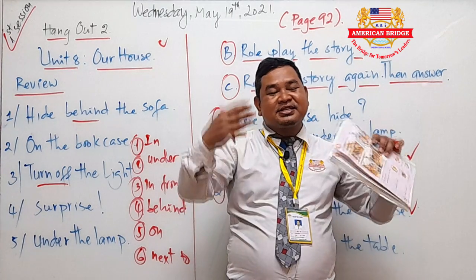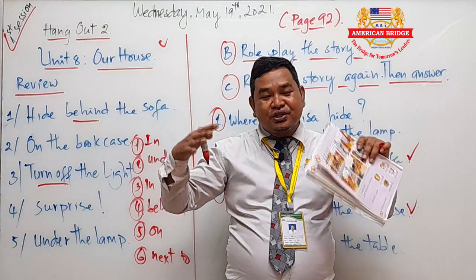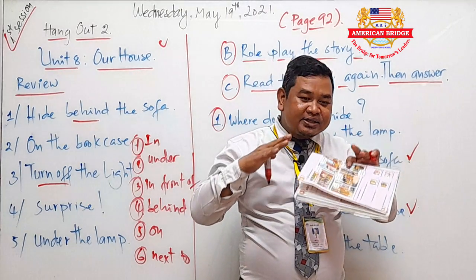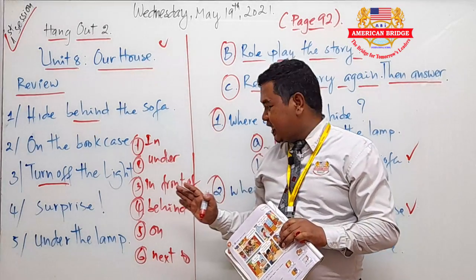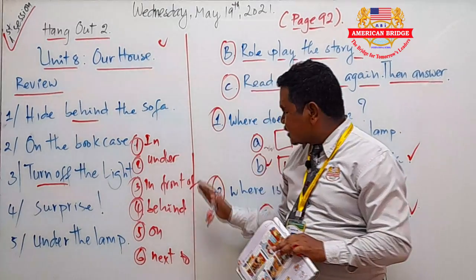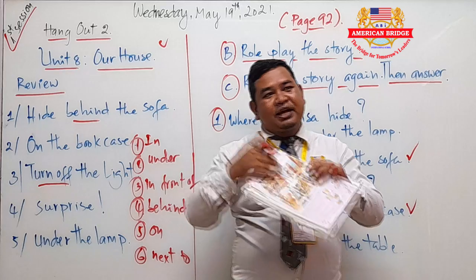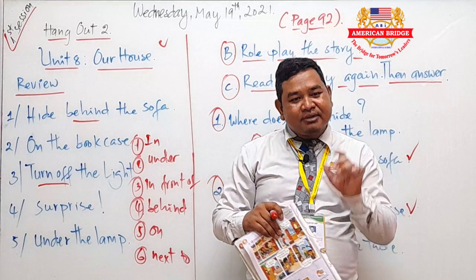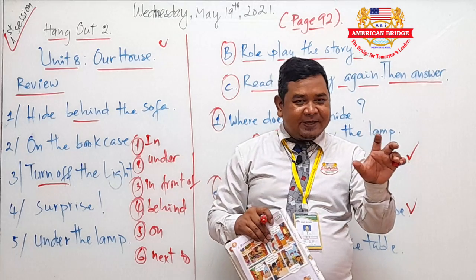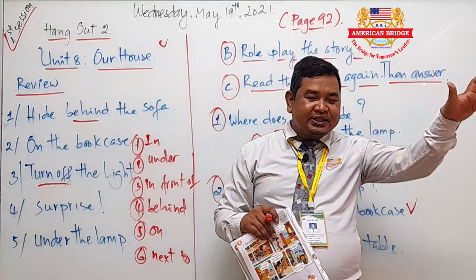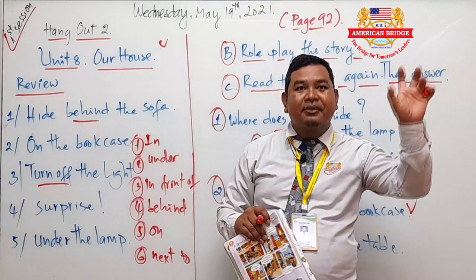These are the things that you put in your house. Number two, on this page you also have to know the prepositions. If you know the prepositions and you know the things, you can make sentences. So I put my lamp on the table. I put my book on the bookcase, in the bookcase.